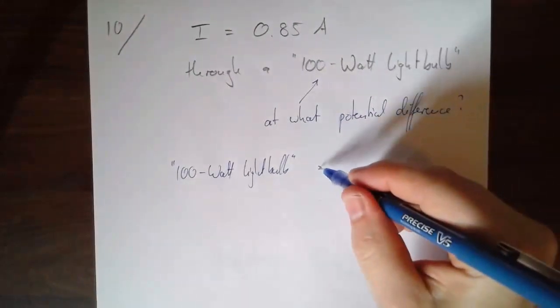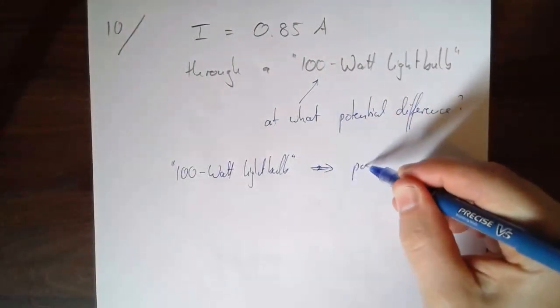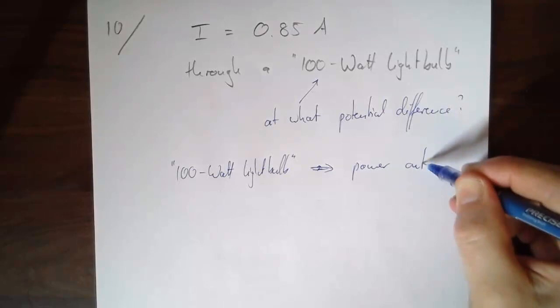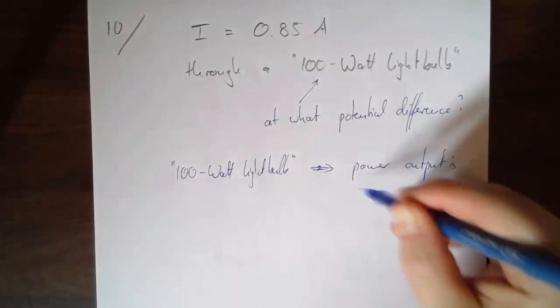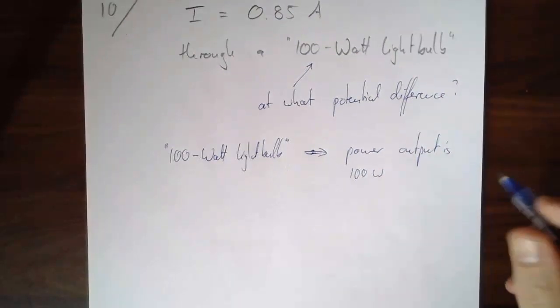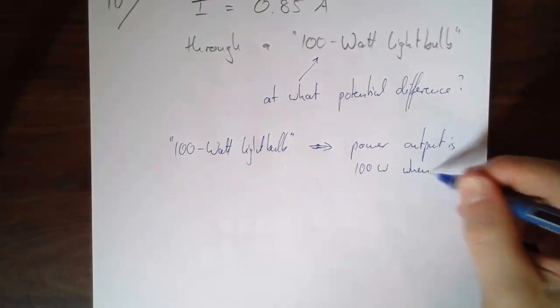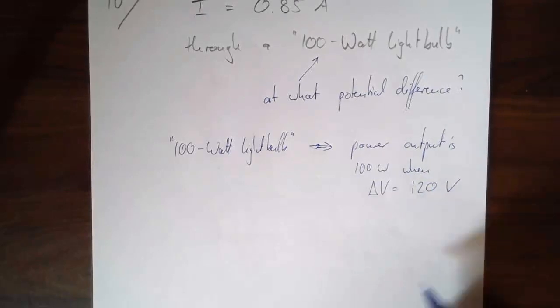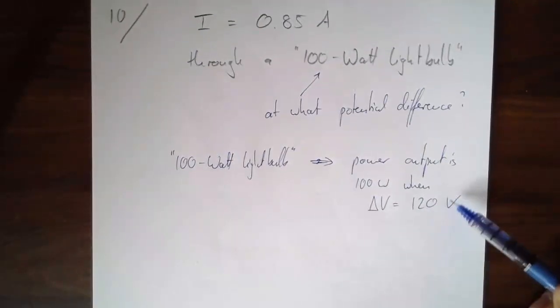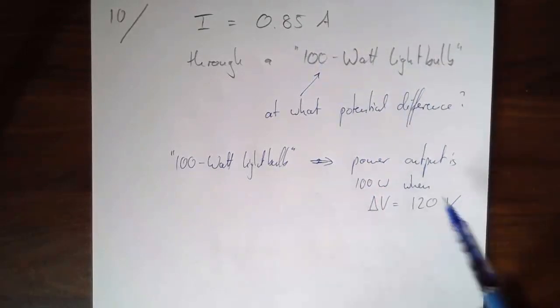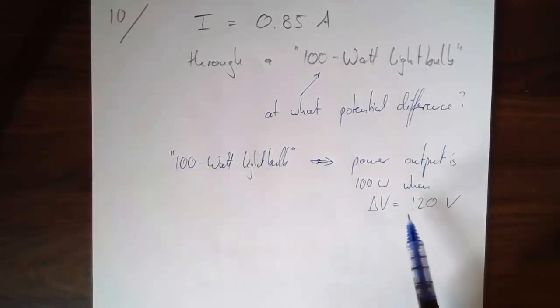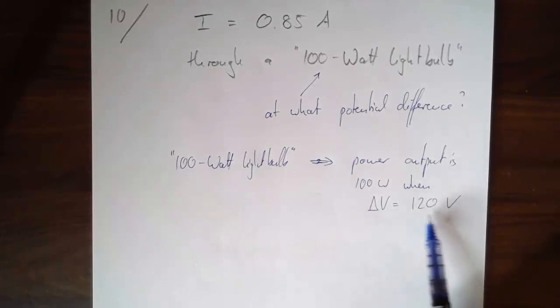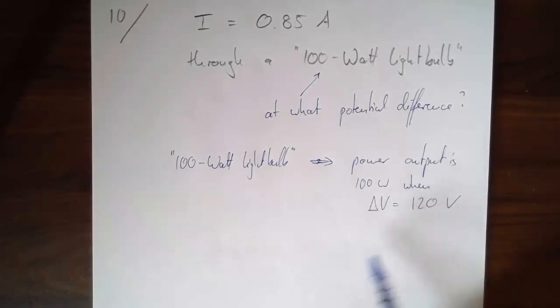is what it implies: the power output is 100 watts when delta V is 120 volts. It doesn't tell you that when it says 100-watt light bulb. Maybe in the small print somewhere it says connect to 120 volts. That is the voltage that you get from the two ends of a wall socket.